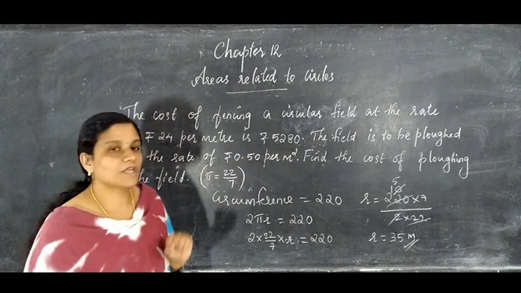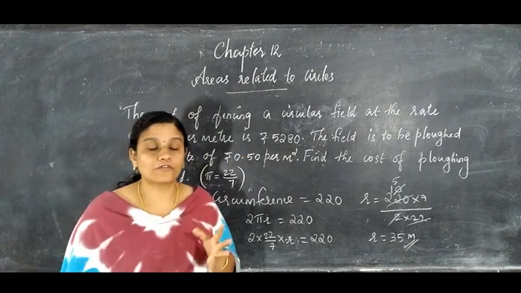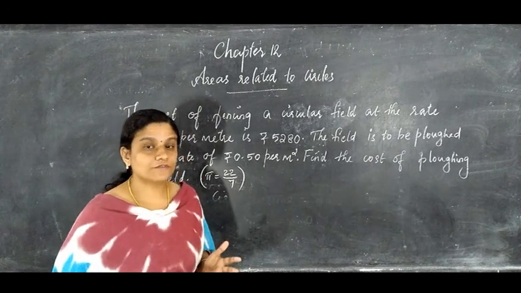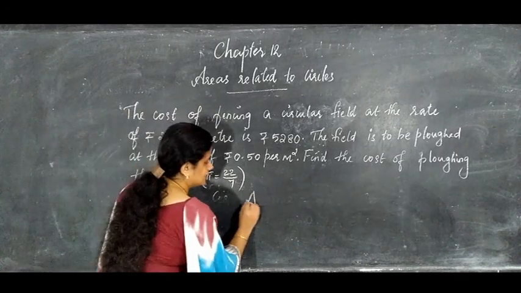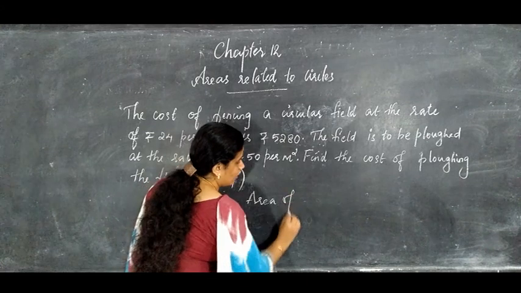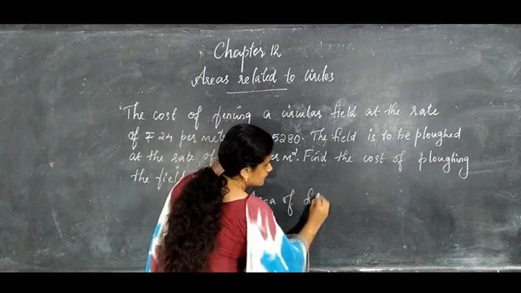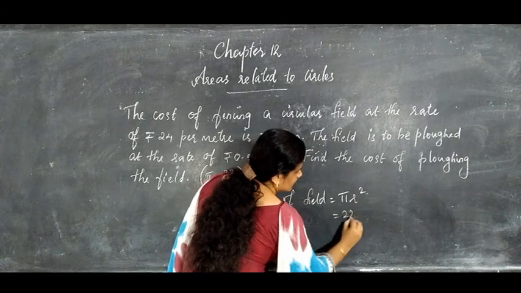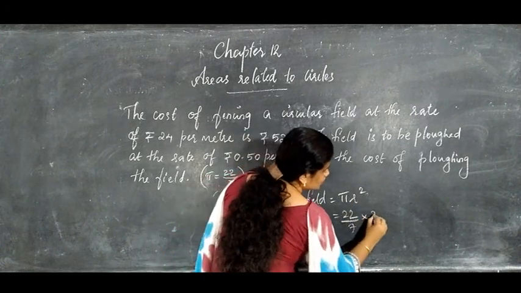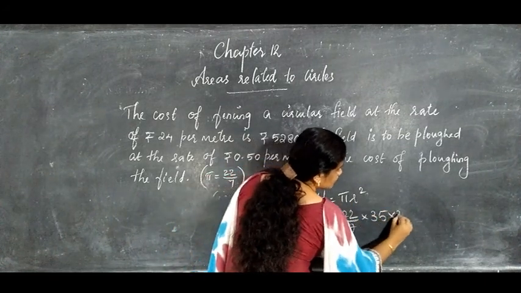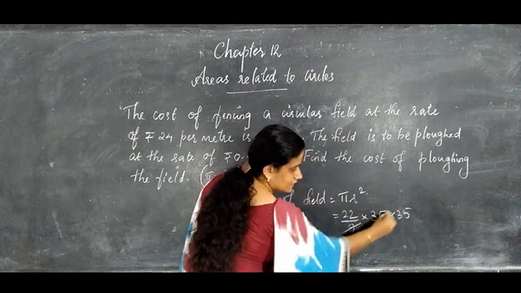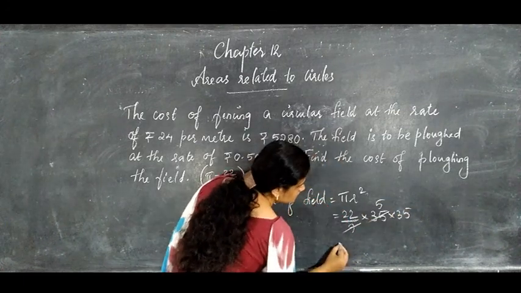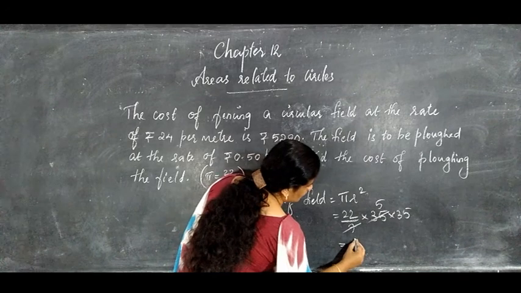So for that, what you have to find is the area of the field. So area of the circular field is equal to pi r square, that is 22 by 7 into 35 into 35. 7 and 35 we can cancel 5 times. So the answer will be how much?